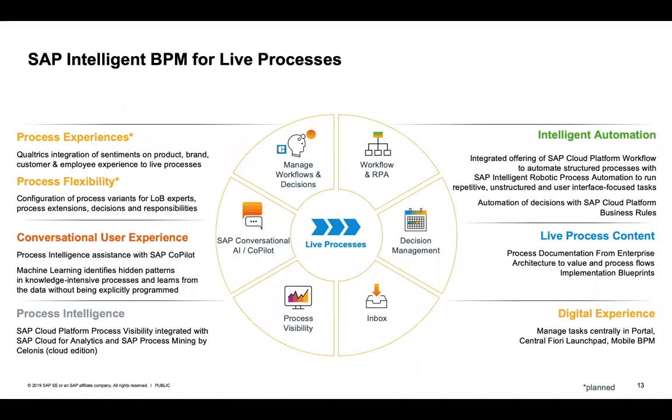Think of areas where people are just sitting there filling out forms, more or less acting like a robot. These are use cases where you would probably use SAP Intelligent Robotic Process Automation and the included bots, or create your own bot, to free up your workers from these mundane tasks.